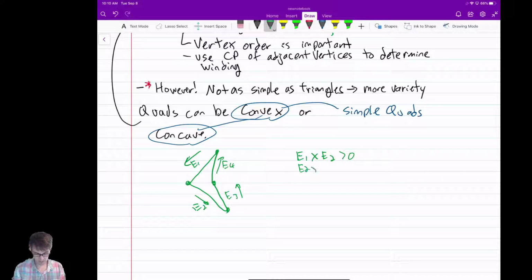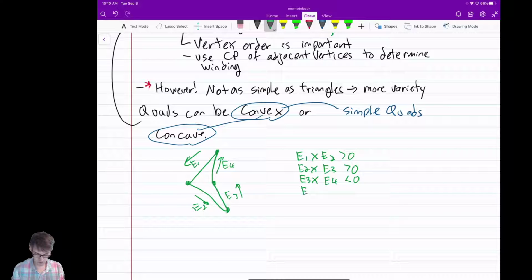Edge 2 cross product edge 3, it turns left, it goes counterclockwise. Good, we're bigger than 0. Edge 3 goes to 4. What happens here? Edge 3 cross product edge 4, it turns right, it goes clockwise, so this one's going to be less than 0.